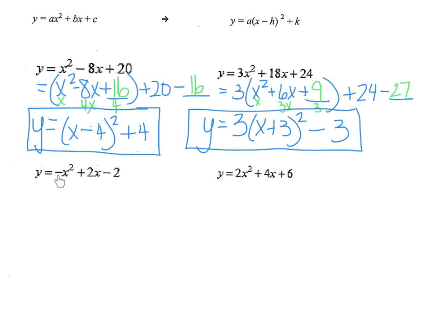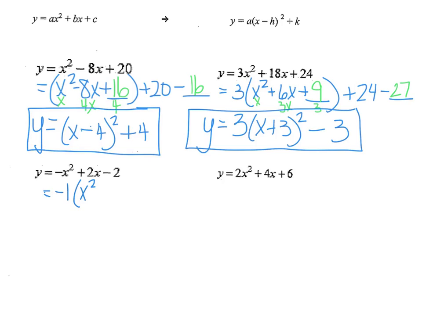Okay, let's try another one. Let's go down here. Do the same thing. Take a negative out of both, separate them off, take -2 on the end. -1 out front times what?